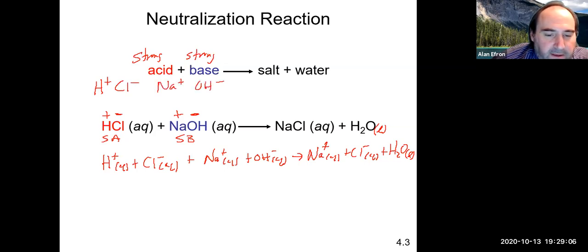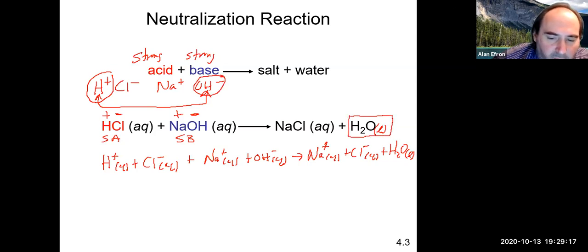So the H is going to hook up with the OH. The H plus from our acid and the OH minus from our base come together, and that is how we get the water. The salt comes together from the opposite two things, the sodium and the chloride. So again, we get salt and water in this particular case.